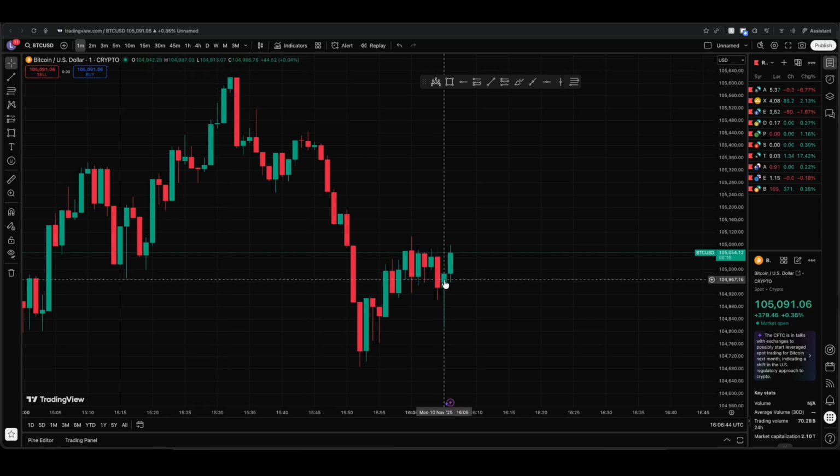This candle was made on 10th November 2025 at 4:05. The opening of the candle was at 1,04,942.29, and the highest point it went up to was 1,04,987. You can see the difference, right? So that's how the opening, closing, highest and lowest parts of the candle work.